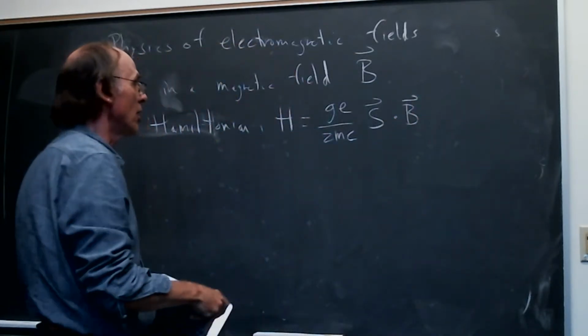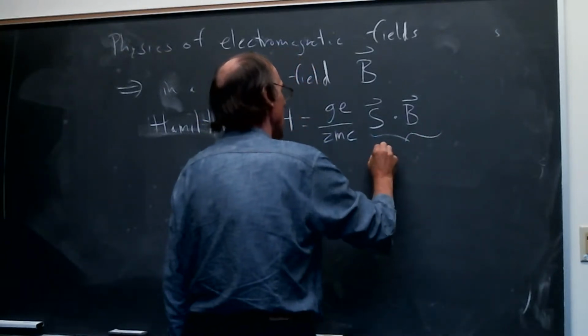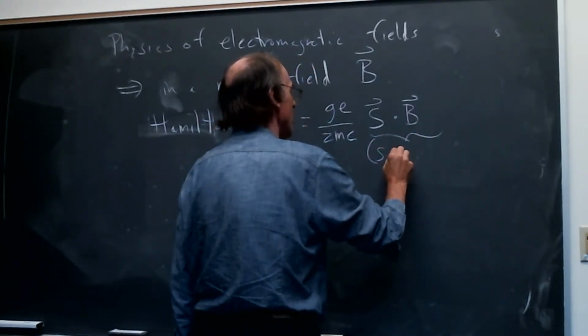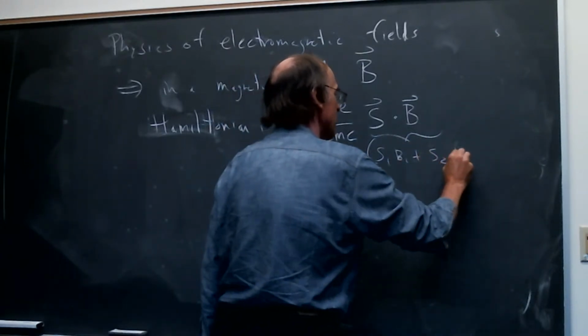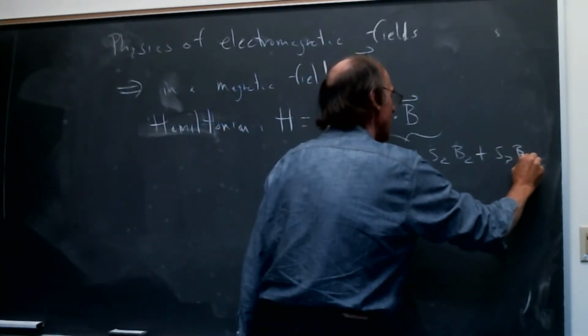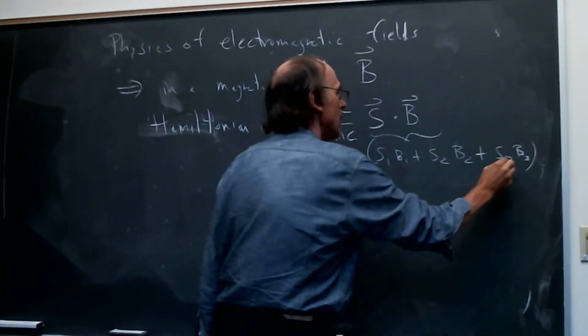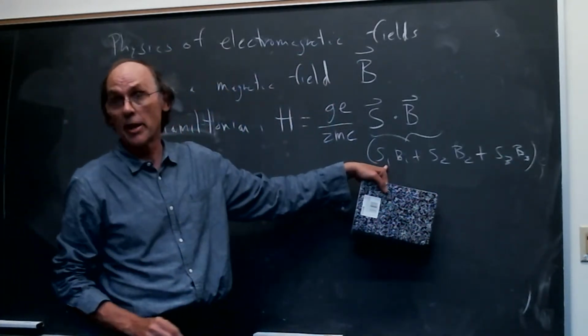Okay. And now what this means is S1 times B1 plus S2 times B2 plus S3 times B3. Sorry. So these are 2 by 2 matrices.